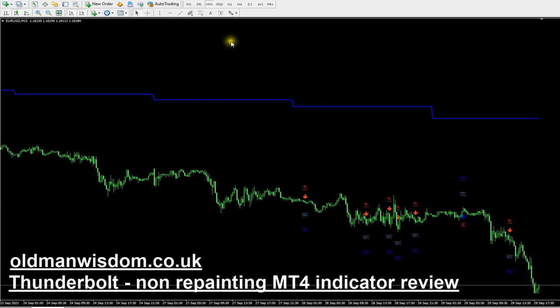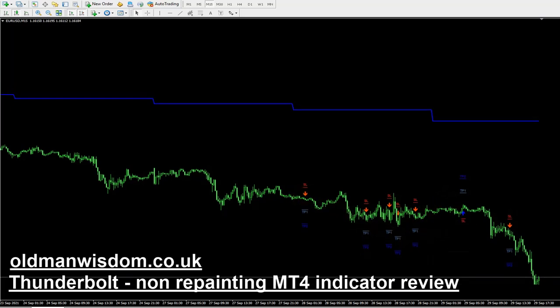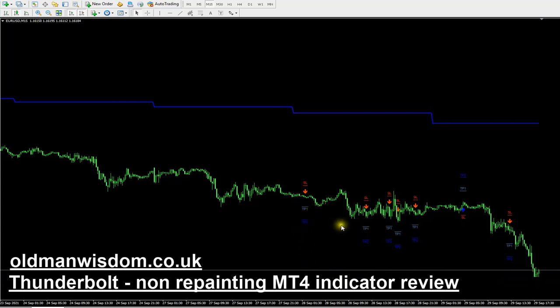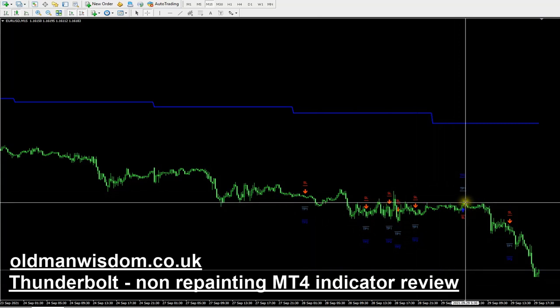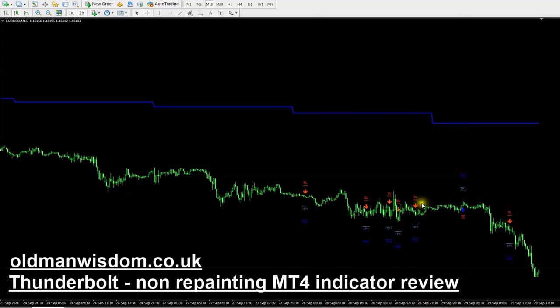Here's the multi-time frame moving average, and you'll see that there's loads of signals here. Obviously some of them are good. This one here telling you to buy, I wouldn't have taken because price is below the moving average. But all of these other signals are valid.